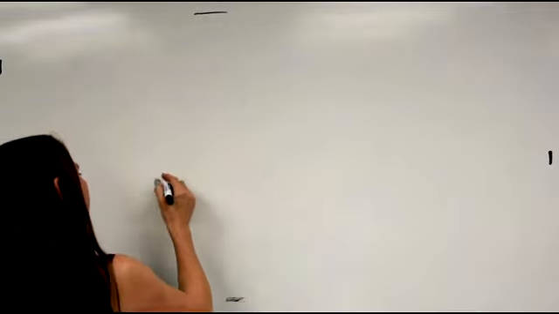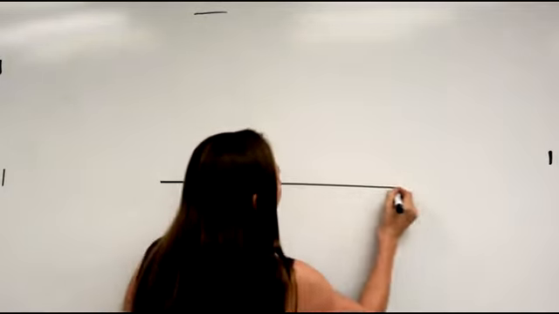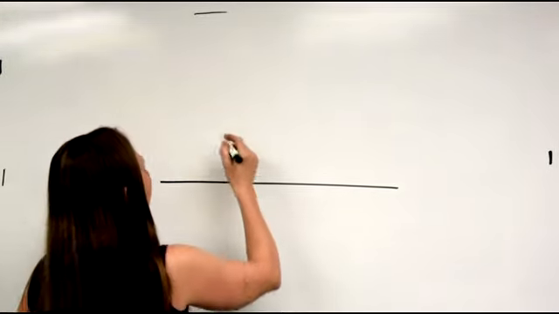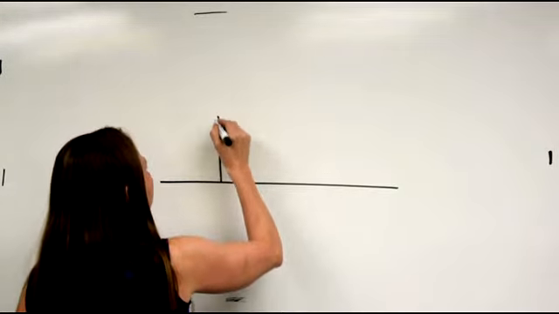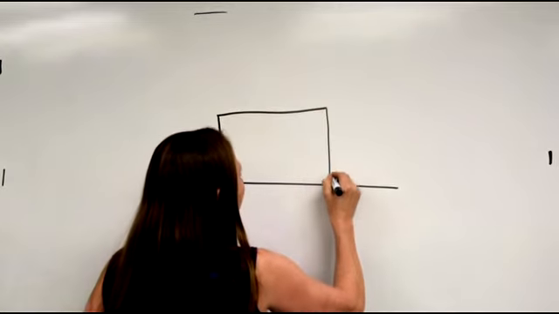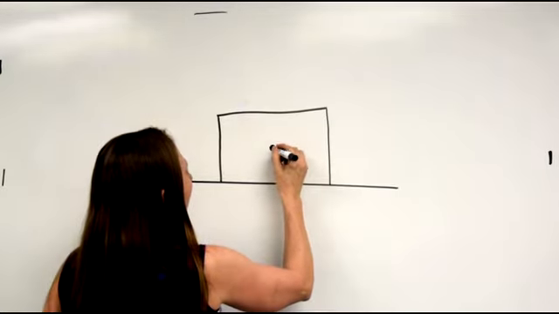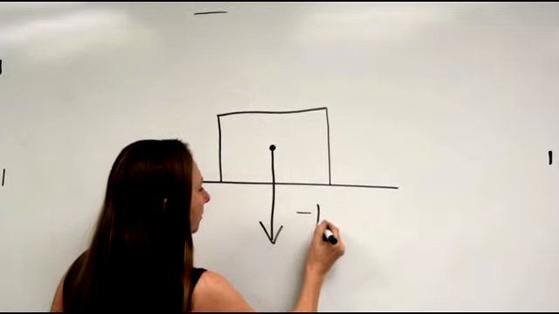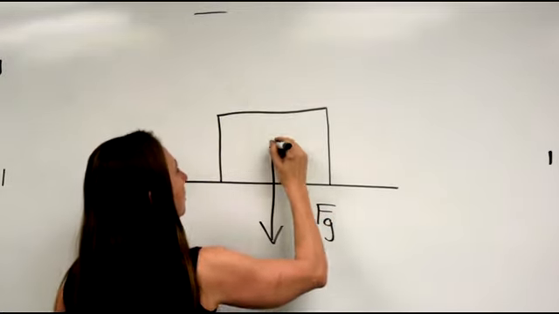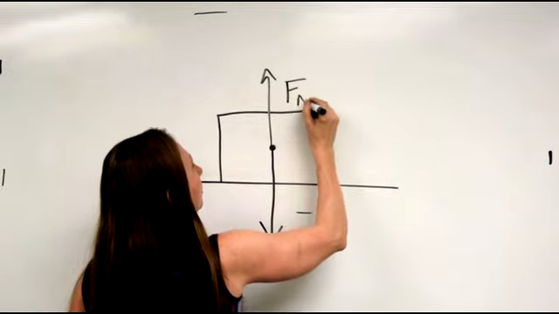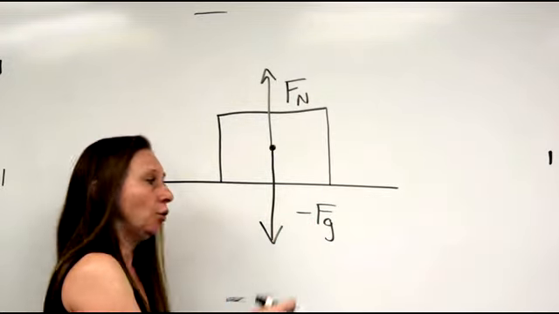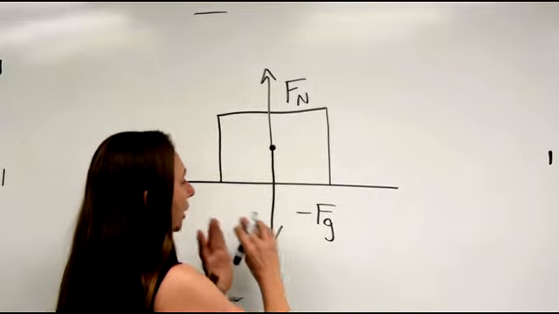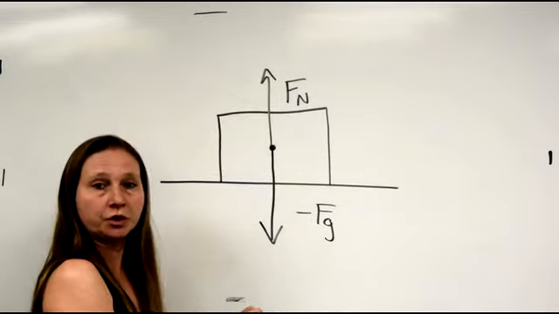We're going to take a tabletop or a floor or the earth, it doesn't matter, and we're going to put a box on top. Now, obviously the box still has its weight and it still has a normal force. The box is not sinking or breaking into the surface. I'm going to ignore those forces for now.